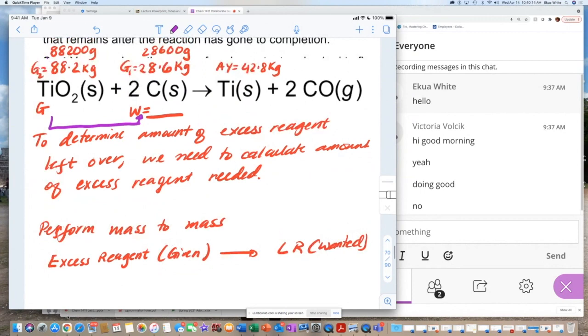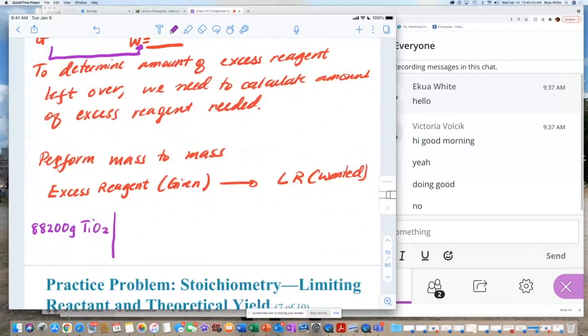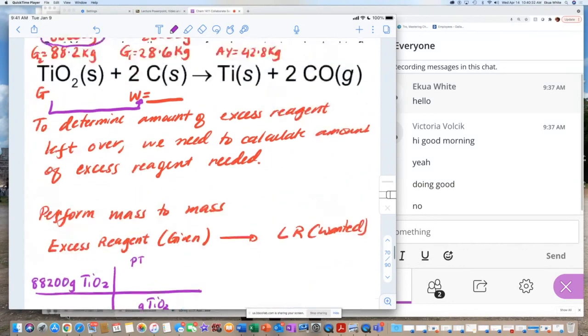I'll use this as my starting mass, 88200 grams of TiO2. I like this last one because I don't have to do a lot of math.